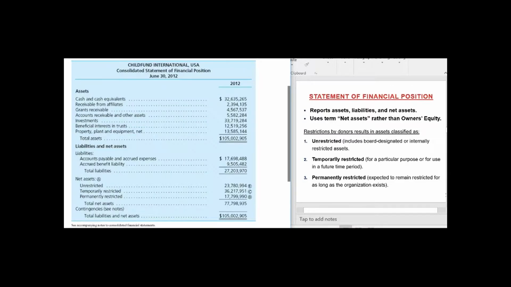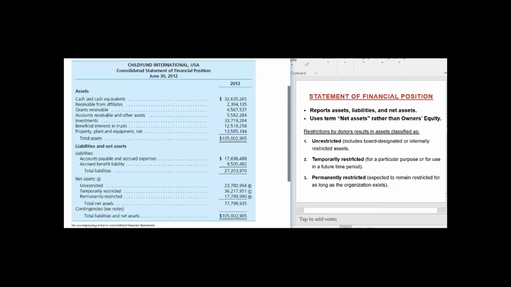Okay, now I'm showing you my book, and I hope all of you have your textbook. So we are checking one example from your textbook, and this example is from page number 819, and this is the example for one not-for-profit entity, Child Fund International USA, and you see their consolidated statement of financial position.